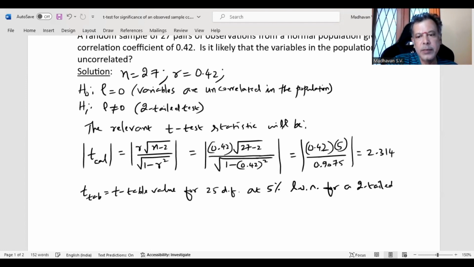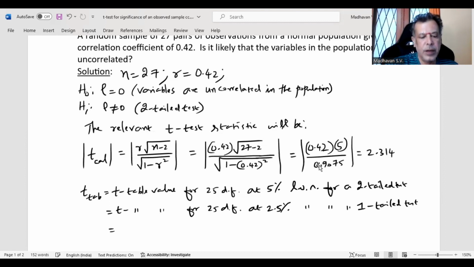The tables we use give one-tailed values, so we convert this to the t table value for 25 degrees of freedom at 5 by 2, which is 2.5% level of significance for a one-tailed test. If we refer to the tables, we get 2.06.